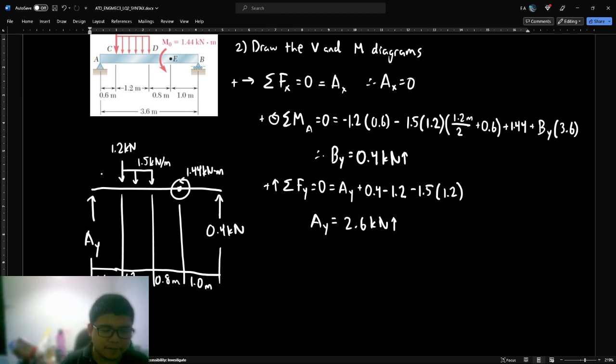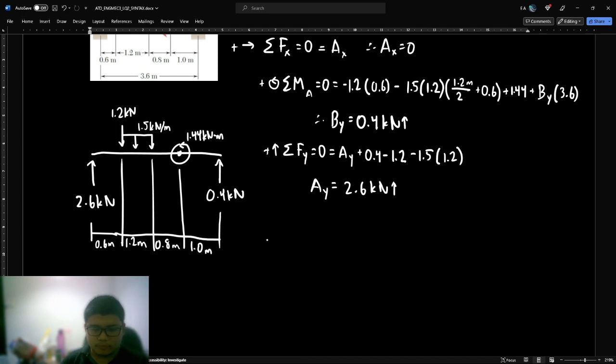So let's place that value in our free body diagram, 2.6 kilonewtons. Now, we're going to have to section each part of this diagram.